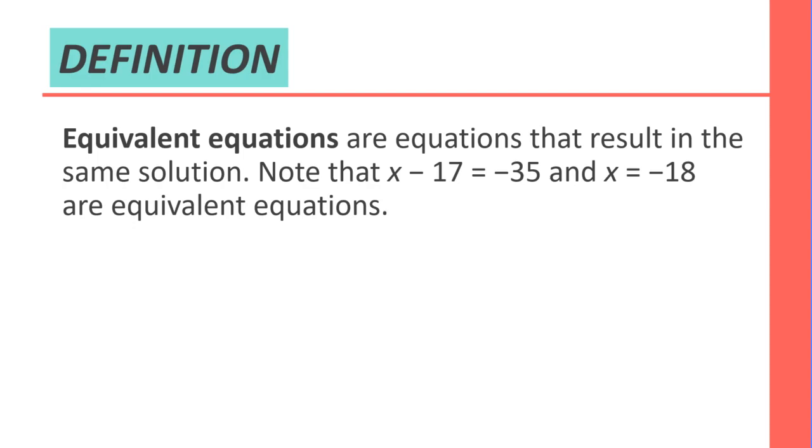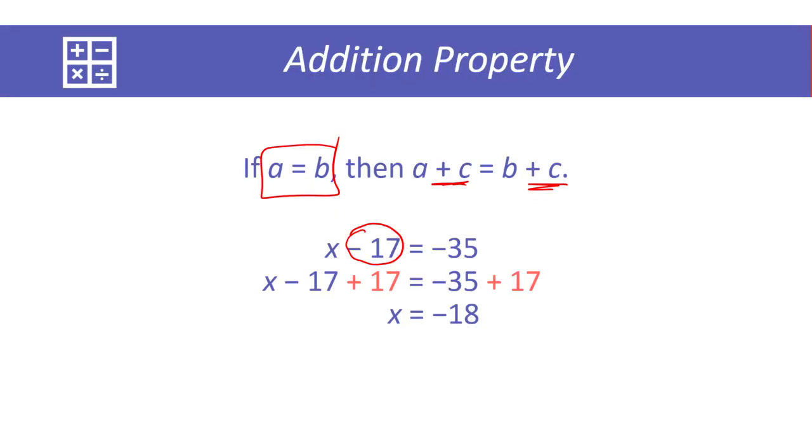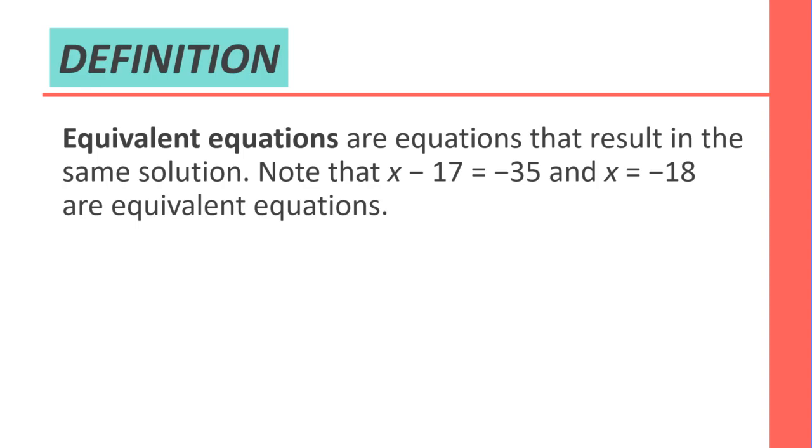Equivalent equations are equations that result in the same solution. Now, if you remember, we had that x minus 17, that was back here, equals negative 35, and then the x equals negative 18. Okay, so both of those are equivalent equations.